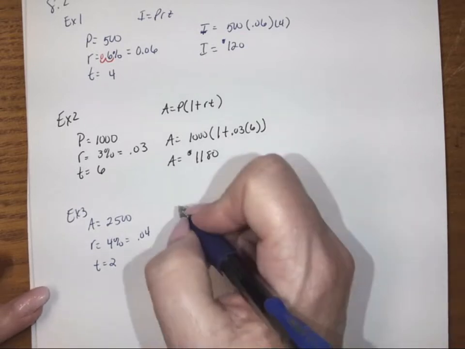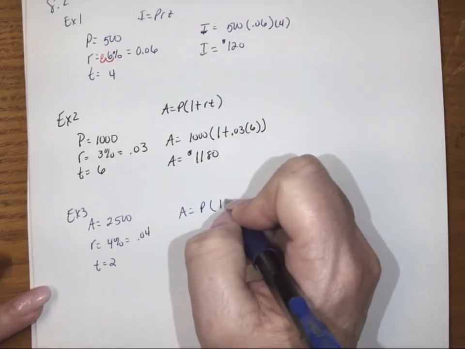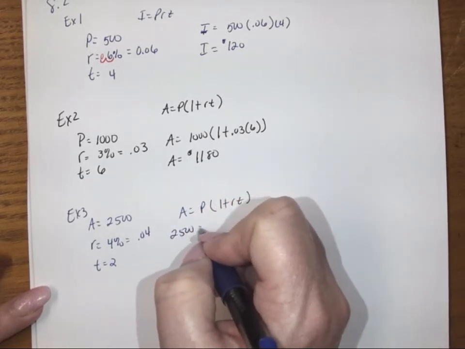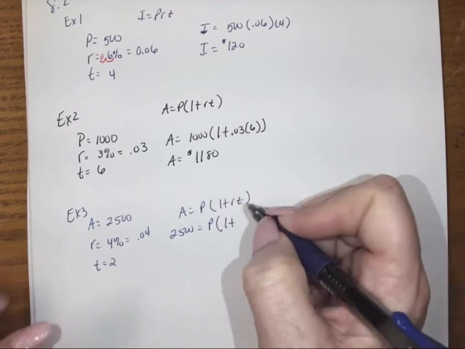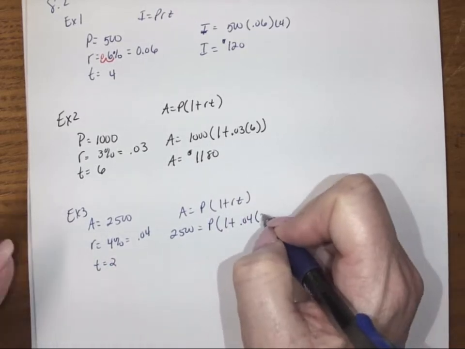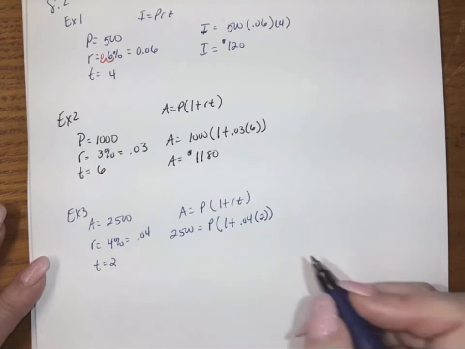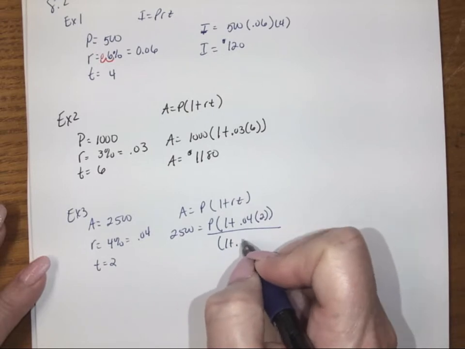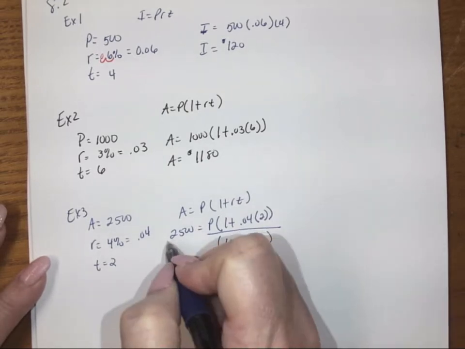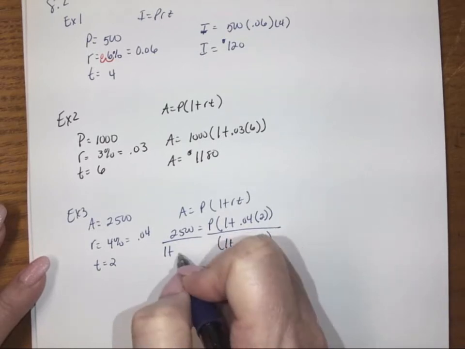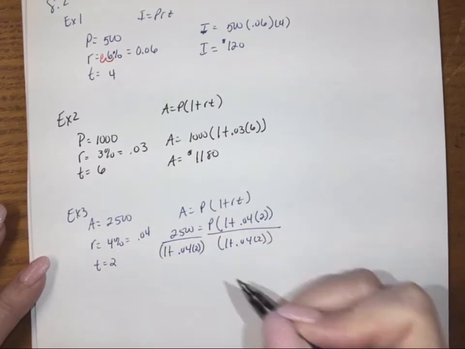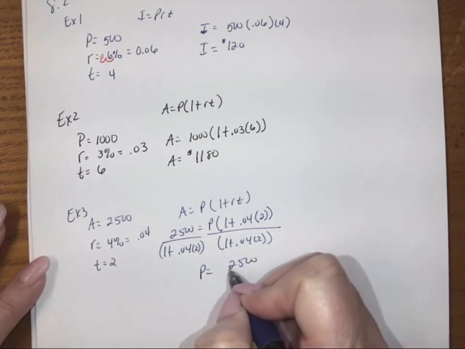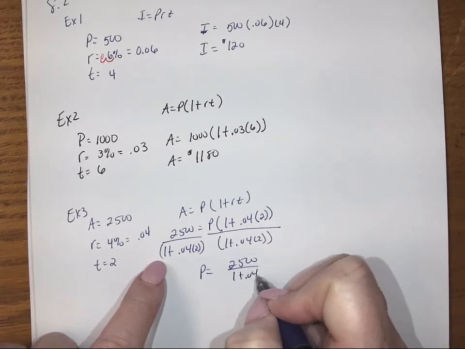So we're looking for P. So A is equal to P times 1 plus R times T. So A, 2,500, equals P times 1 plus our rate of 0.04 times 2. So what we need to do is divide by everything that isn't P. So that 1 plus 0.04 times 2 on both sides. So our P will be equal to 2,500 divided by the 1 plus 0.04 times 2.